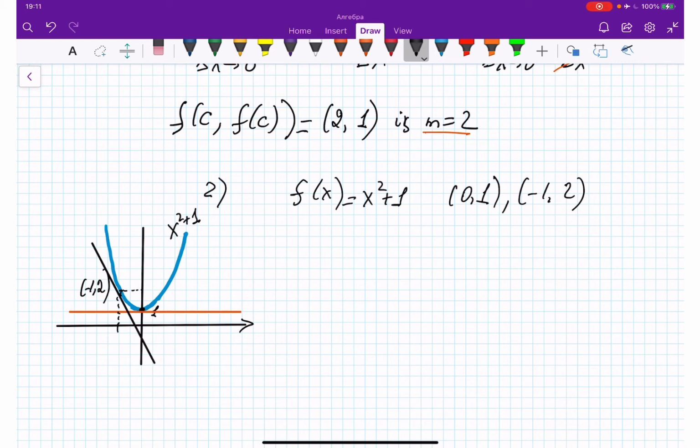Okay, let C, f of C represent an arbitrary point on the graph of f. Any point on the graph of f.